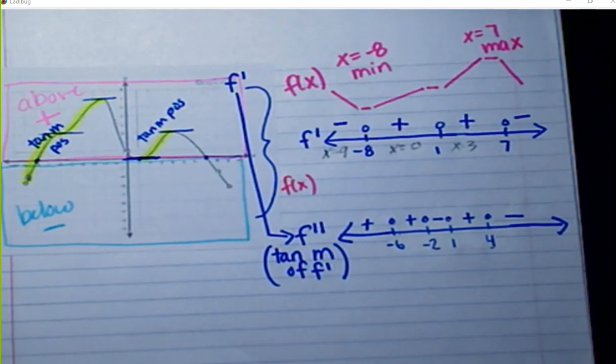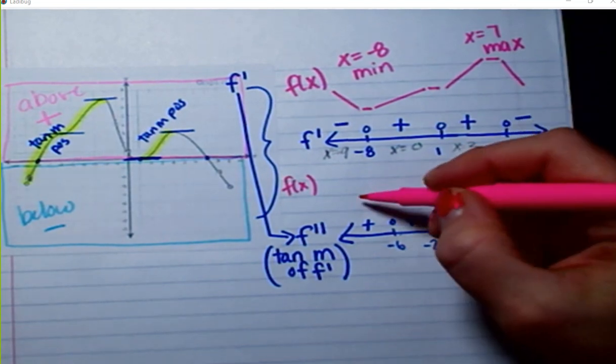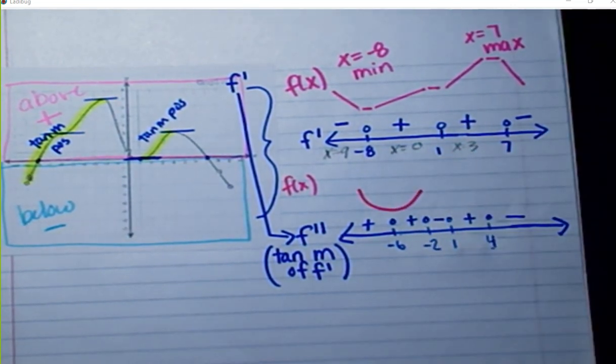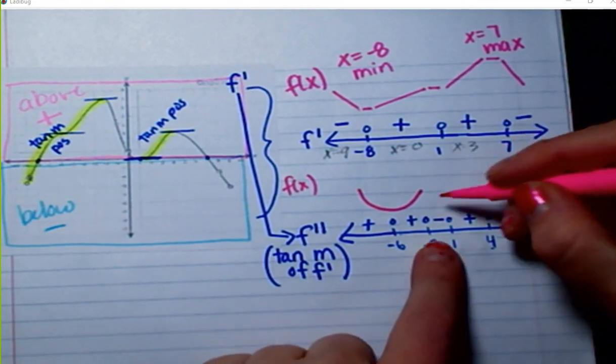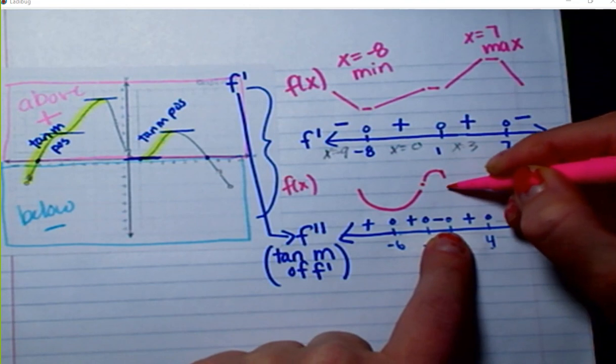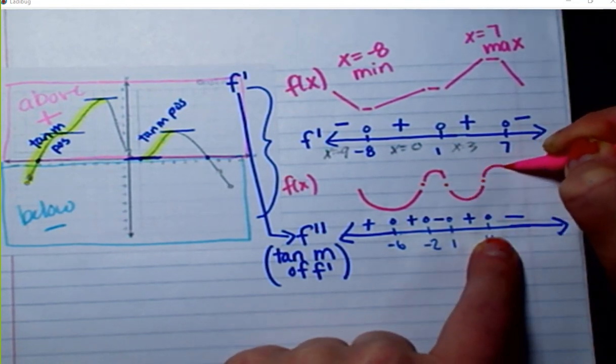Pink marker. What does f of x look like? Okay, my fun chart. The second derivative, pluses and minuses. Tell me about concavity on the original. So I have concave up, concave up. When I have a double concave up, I'm just going to draw it nice and big over both sections. Okay, concave up, little concave down, then concave up, then concave down.